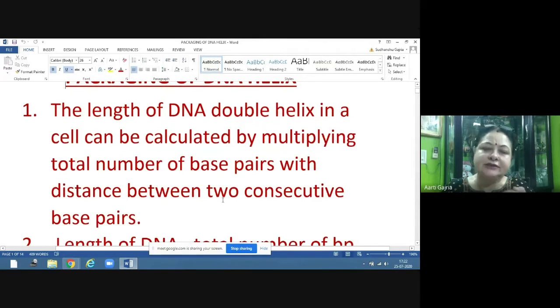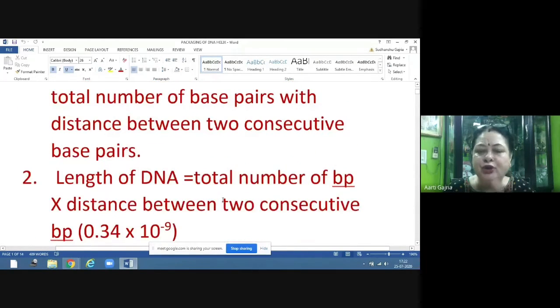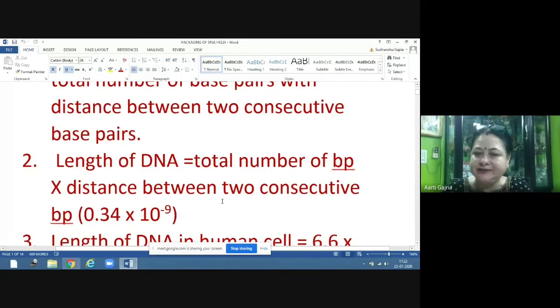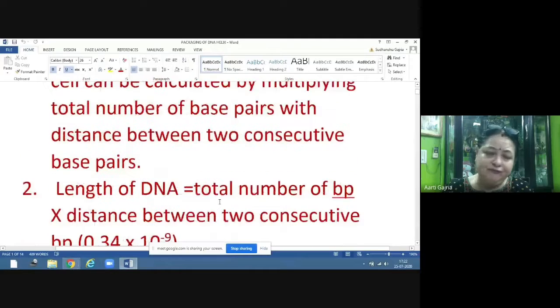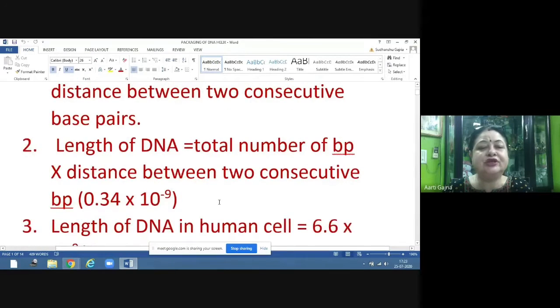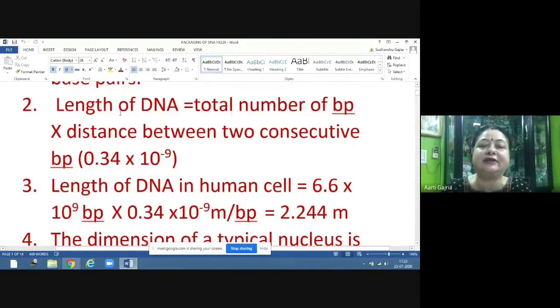We know that this distance is 0.34 into 10 raised to the power minus 9, and we also know the total number of base pairs for different organisms, so we can calculate the length of the DNA. So this is the formula: total number of base pairs into the distance between two consecutive base pairs, that is 0.34 into 10 raised to the power minus 9.